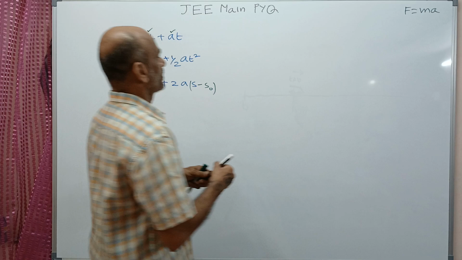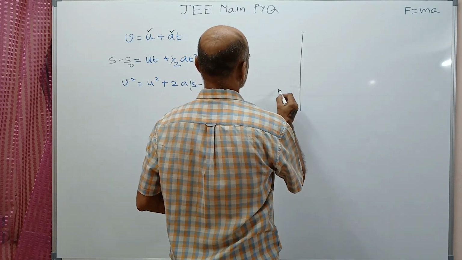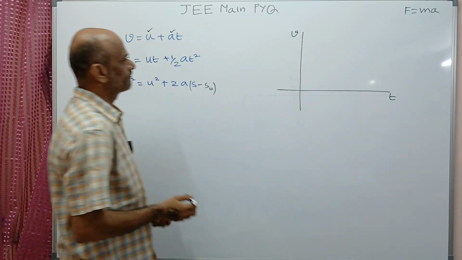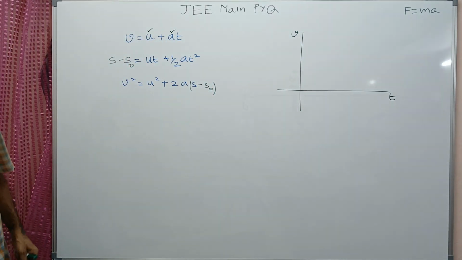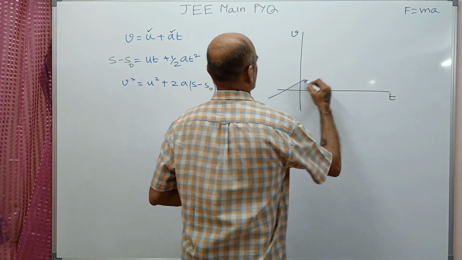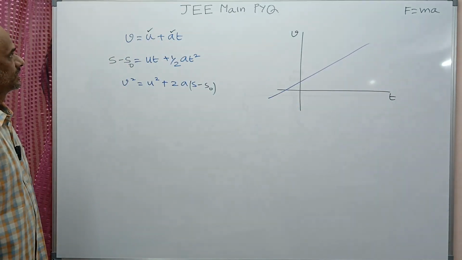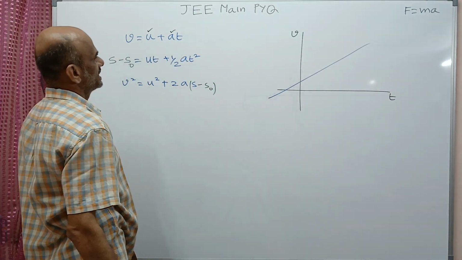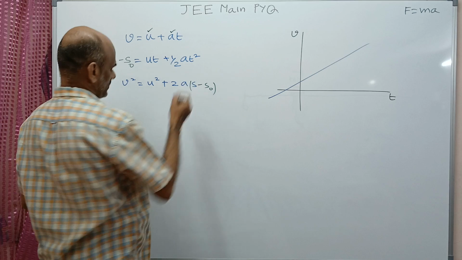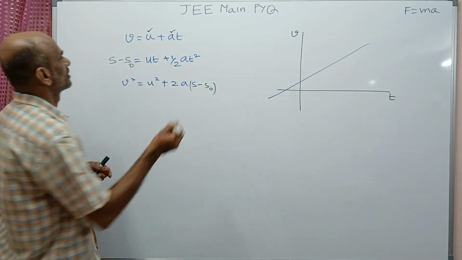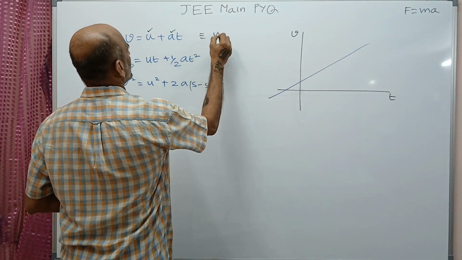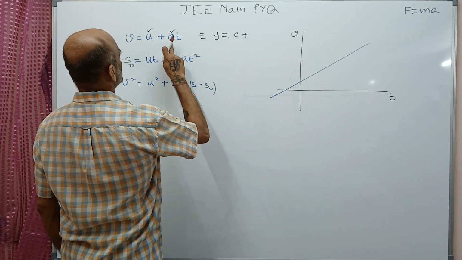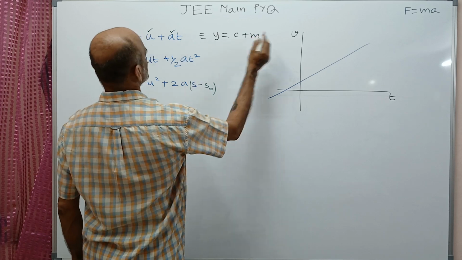So the information in the first equation I can get using this graph. We plot v versus t. It will look like this. It will be a straight line, because v is on the y-axis and t is on the x-axis. This equation is of the form y equal to c plus m x, where a is the constant m and t is on the x-axis.